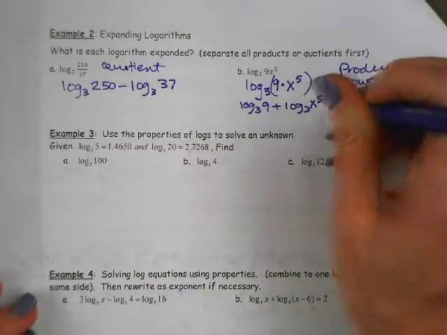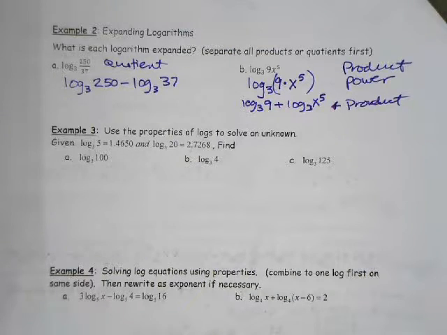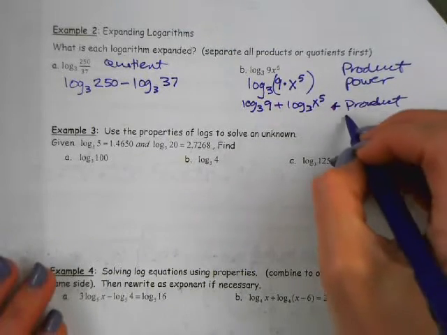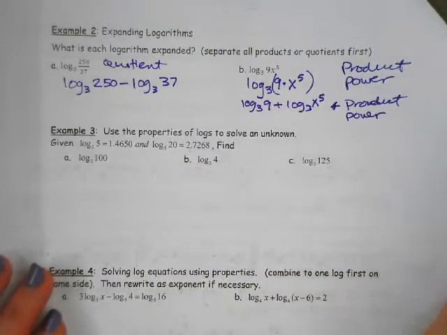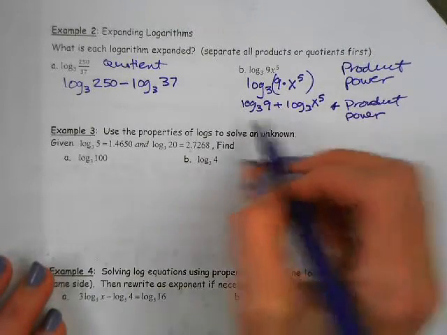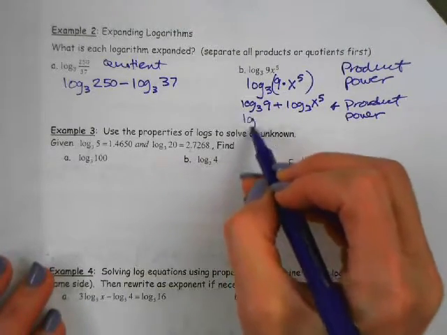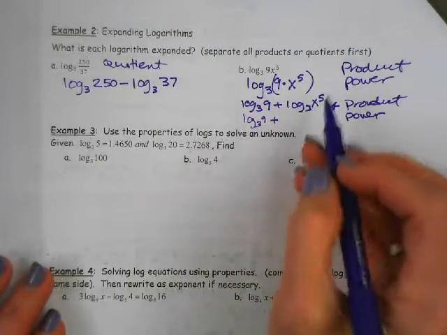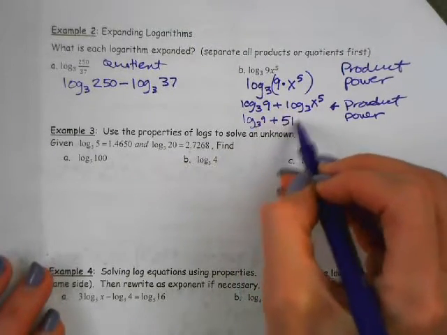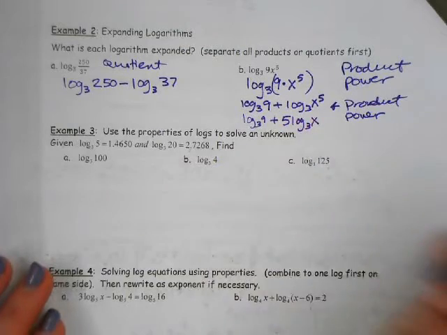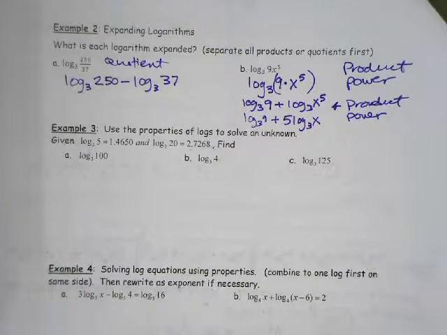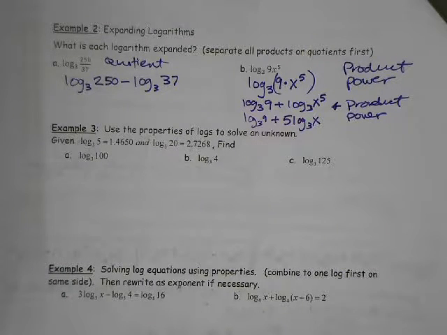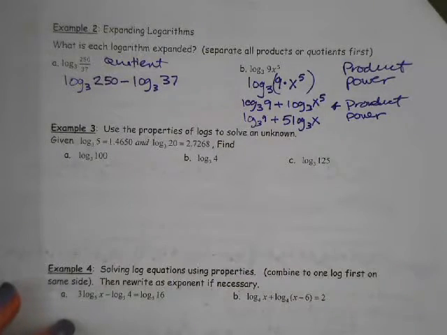So I'm separating them. And now I'm going to apply the power. So what does the power property tell me? So I have log base 3 of 9, plus, I bring the 5 down, 5 log base 3 of x. Okay, so you see how I separated them out, and then how I brought that down?